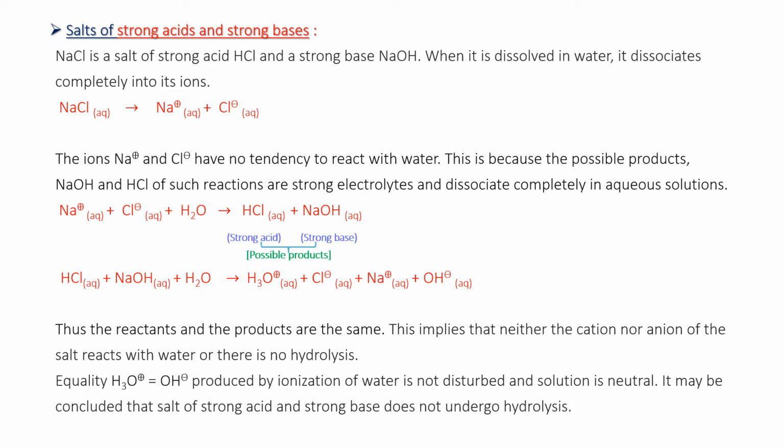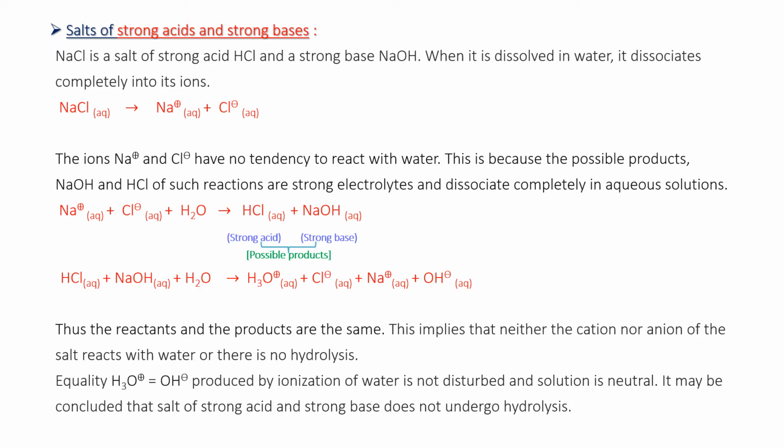So this is clear. One more time I have to explain this. When the salt of a strong acid and strong base is dissolved in water, what exactly happens? Your salt, NaCl, gives Na plus and Cl minus ions. If those Na plus and Cl minus ions react with H2O, you get NaOH and HCl as possible products.